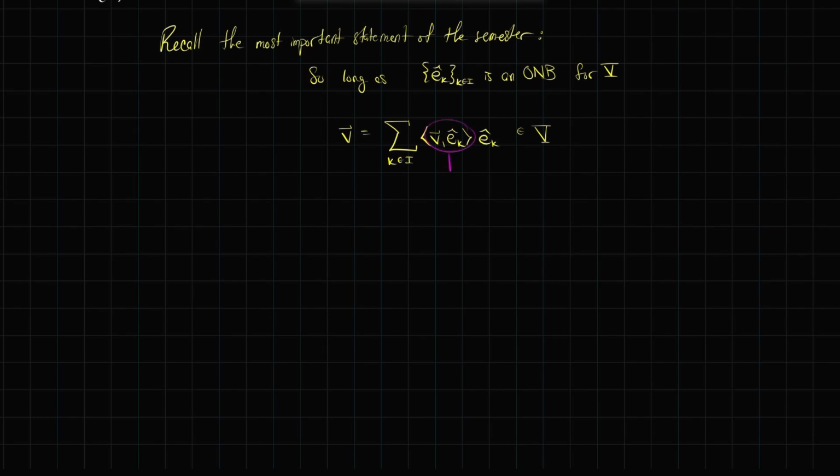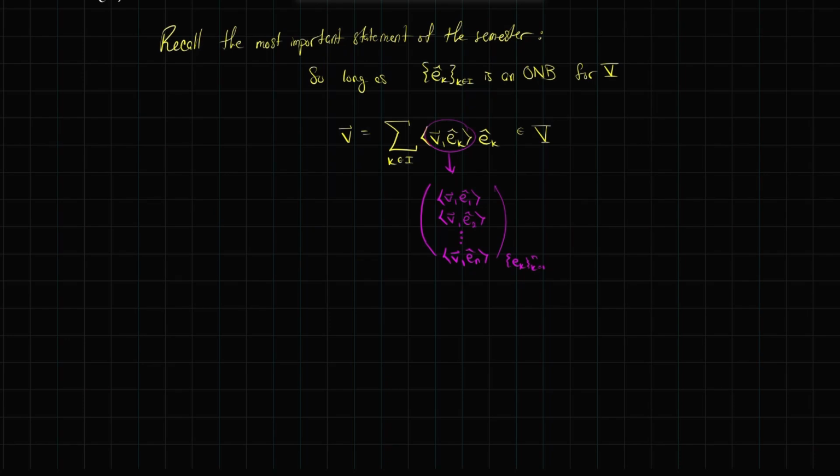These coefficients will then give you the vector representation against E1, E2, and so on, En, if you have your basis entries that you're representing against.